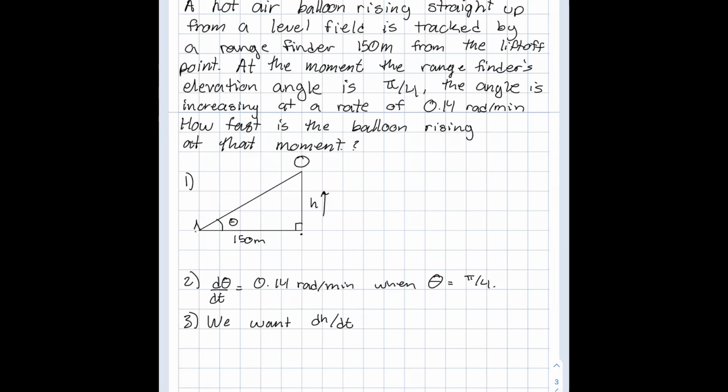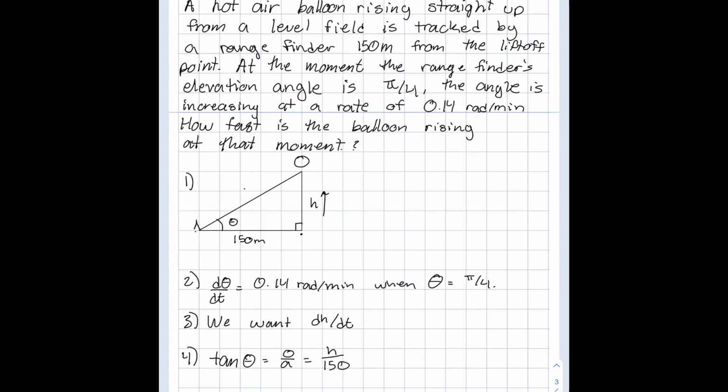Next, we are going to write an equation that relates the variables. So I have an angle and I have 2 sides. One's constant, one's moving. From what I know from trig, tangent of theta equals opposite over adjacent. In our case, we are opposite to the height and adjacent to the field, which is 150 meters.